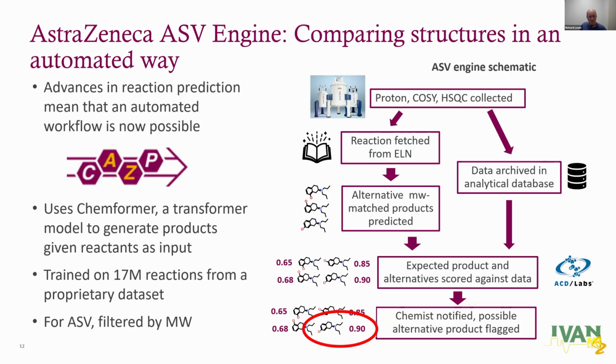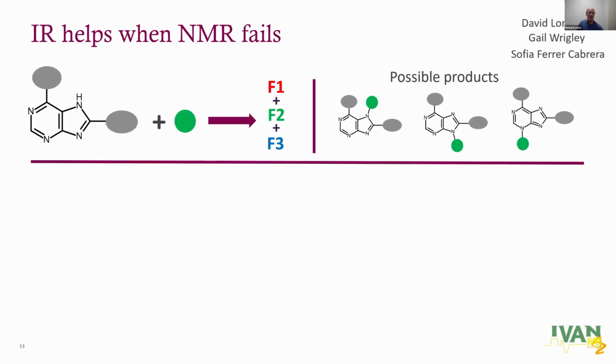So just finally, I want to show you a real case where infrared helps. So I've said here, infrared helps when NMR fails. So here's a real reaction that gives 3 different products, fraction 1, fraction 2, fraction 3. There are 3 potential products in the reaction, all attached to a different nitrogen.